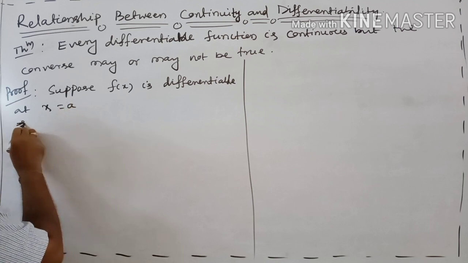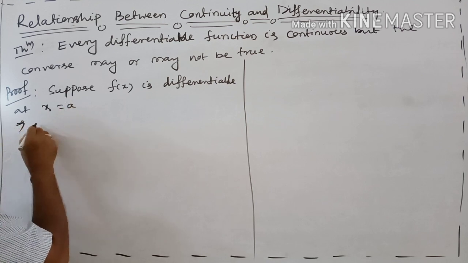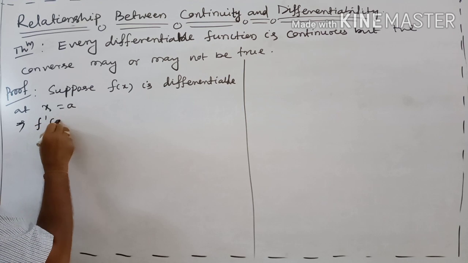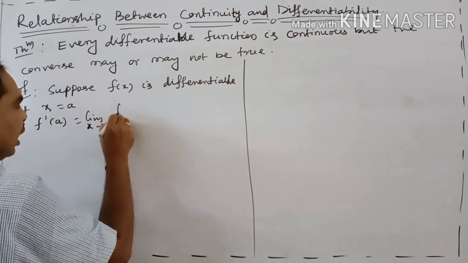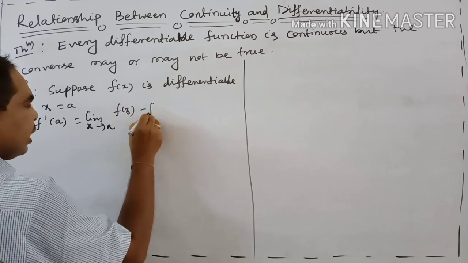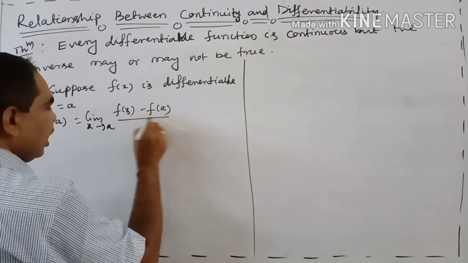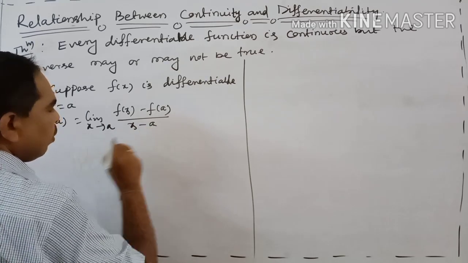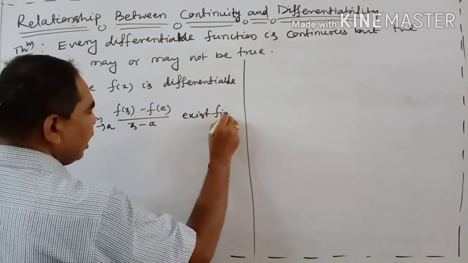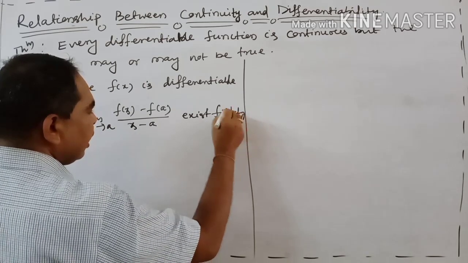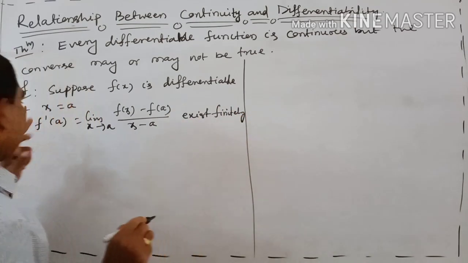So this implies f dash a is equal to limit x tends to a, f x minus f a divided by x minus a. This exists finitely. This is f dash a.